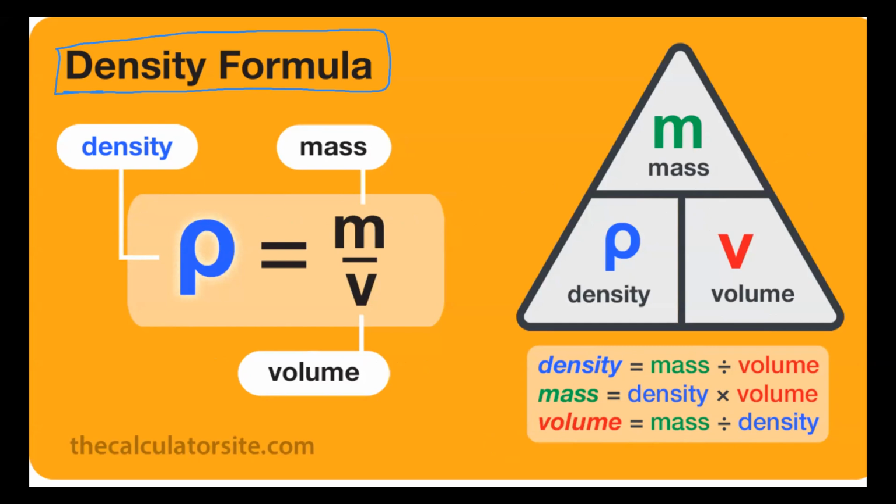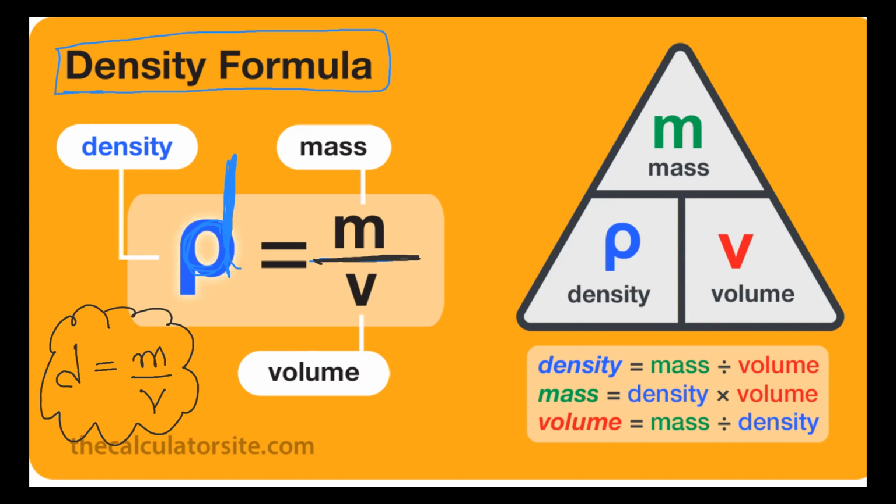Density is represented by the symbol rho, but we'll use the symbol D. Density is defined as the ratio of mass by volume. Density is equal to mass by volume. This you must remember.